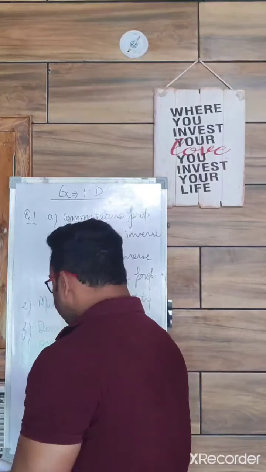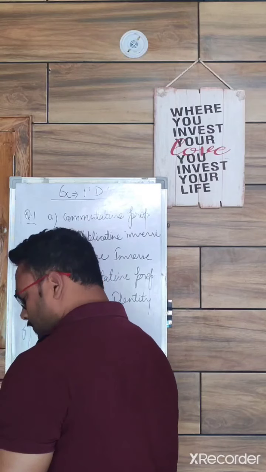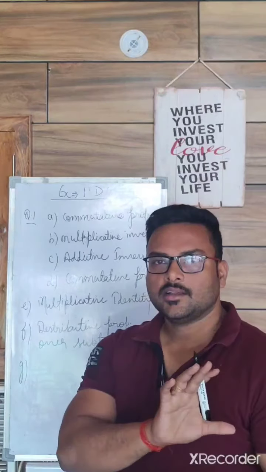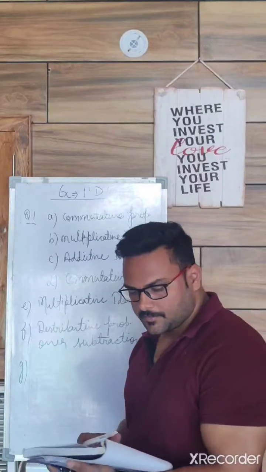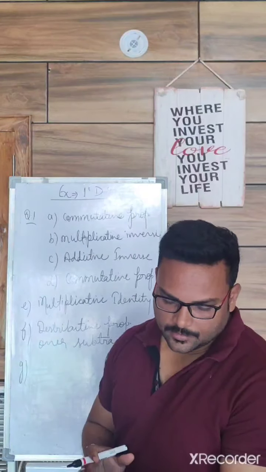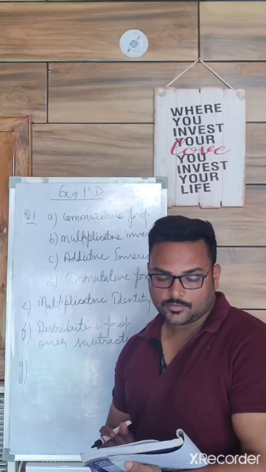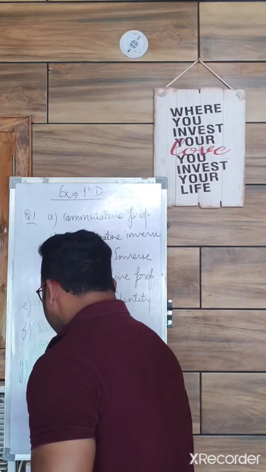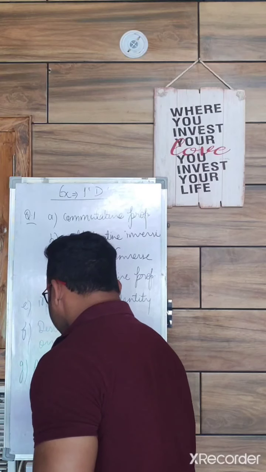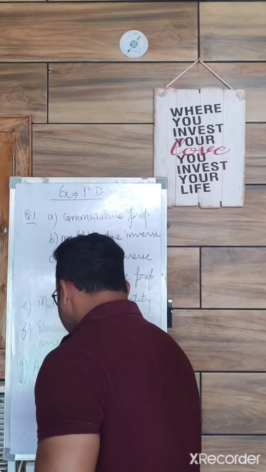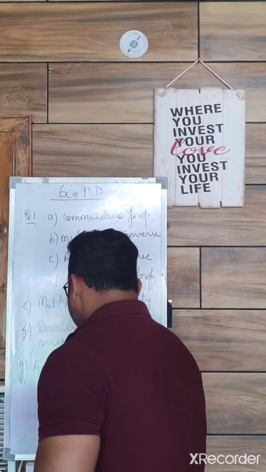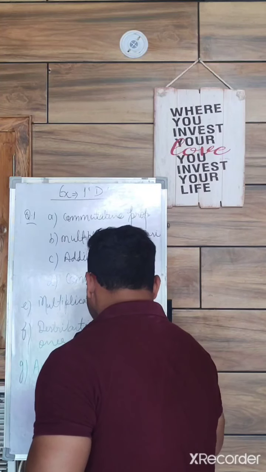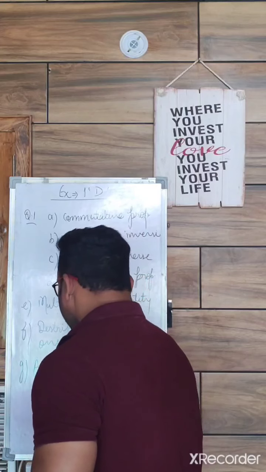G, you can see G. You only have to write the name of the property used in the given statement. 1 by 2 into 1 by 3 into 1 by 5: associative property of multiplication.